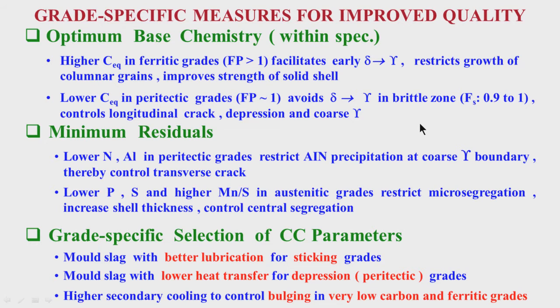Then what do you do? What is the way out? When you know the mode of solidification, when you know the solidification characteristics, then, as I have told you, we can adjust the casting parameters accordingly, so that the solidification quality, that means the quality of the cast product, is relatively better.